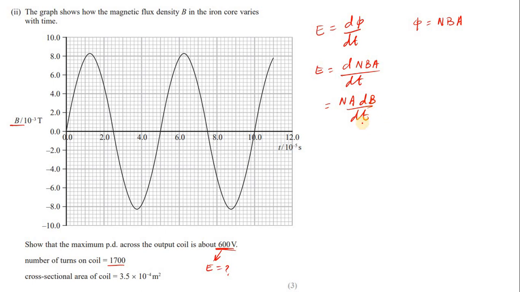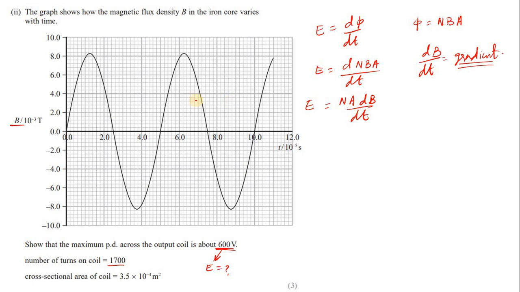Clearly, dB by dt is the rate of change of magnetic field. So you need to find dB by dt, and this dB by dt is nothing but the gradient of the graph. If you have the gradient, you can multiply with area and N, and you can find EMF.